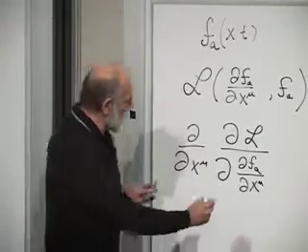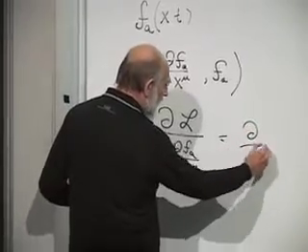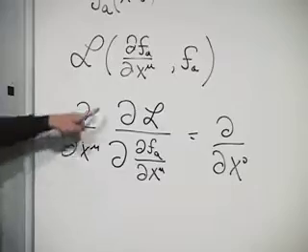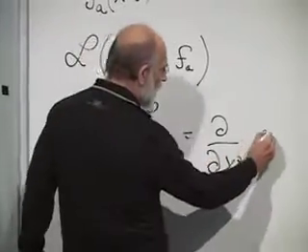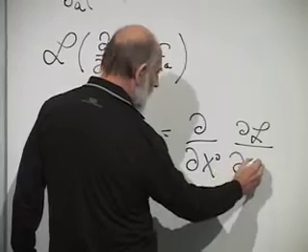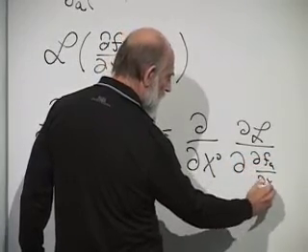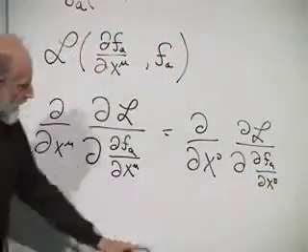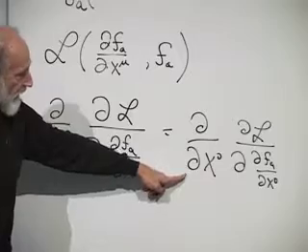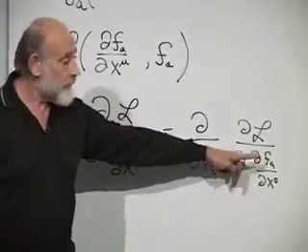Let me write it out explicitly, or almost explicitly. It's the derivative with respect to time, which I'll call x naught, of the derivative of the Lagrangian with respect to the time derivative of f a. We could have also called this d by dt of the derivative of the Lagrangian with respect to f dot.